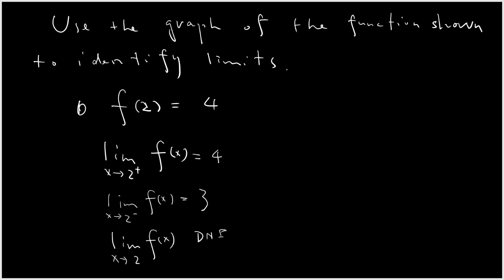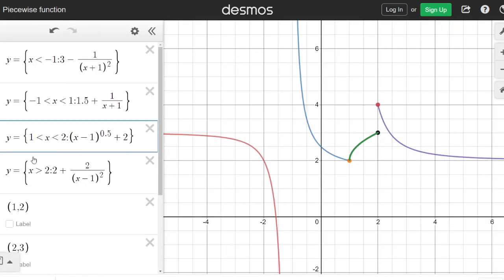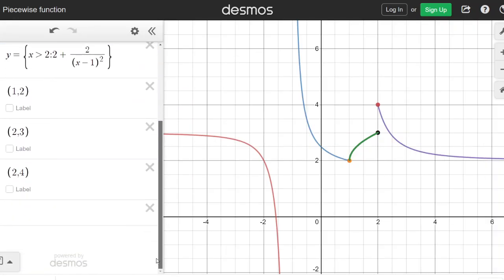Actually, probably 2 is a pretty interesting point. And then very quickly we are going to go over some other limit. So can I add one more line? Yeah, I'm sure I can add one more line. I'm going to add this point.